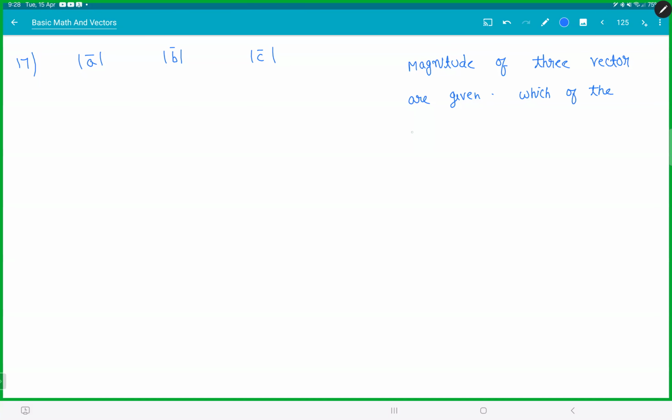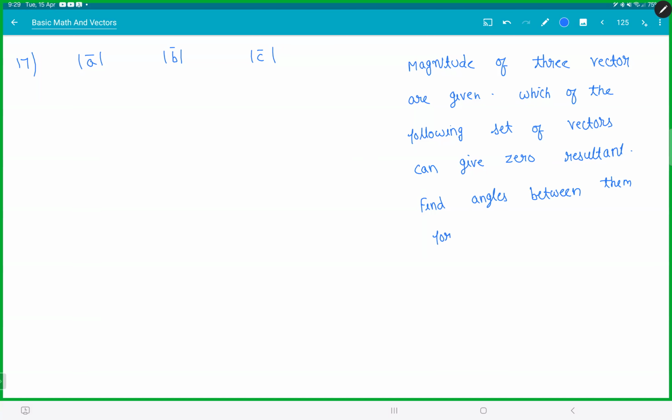The direction is up to you, your call. So which of the following sets of vectors can give us zero resultant? If they give zero resultant, find the angles between them, for zero resultant.